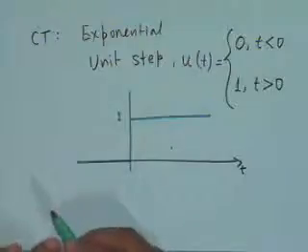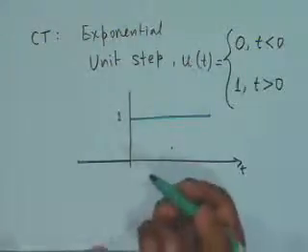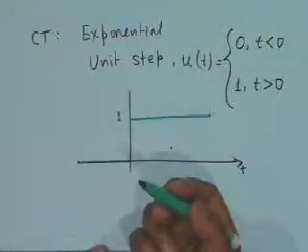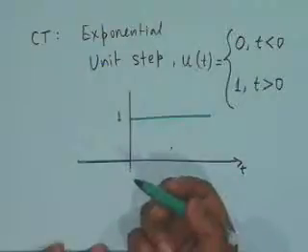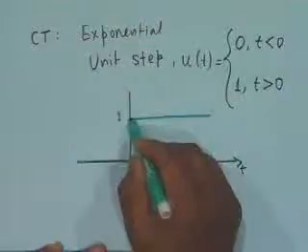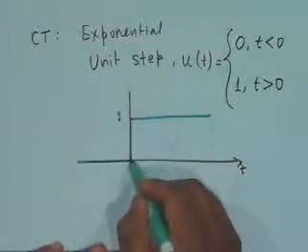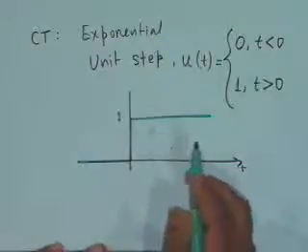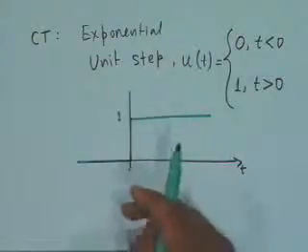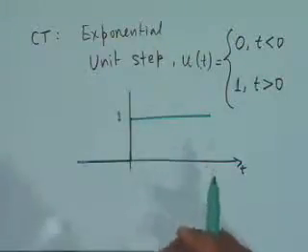At t equal to 0, the value is not determined because there is a discontinuity. At t equal to 0, the function changes from 0 to 1. So u of 0 is not defined. You shall see that in our later discussions.